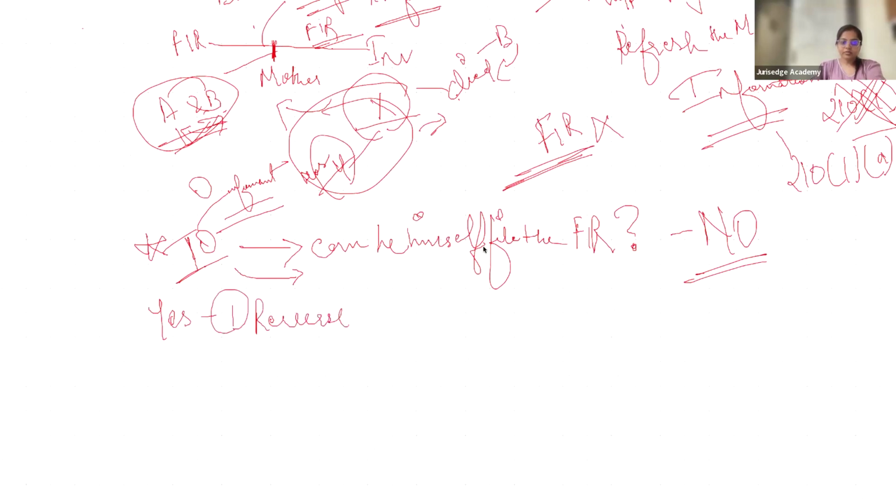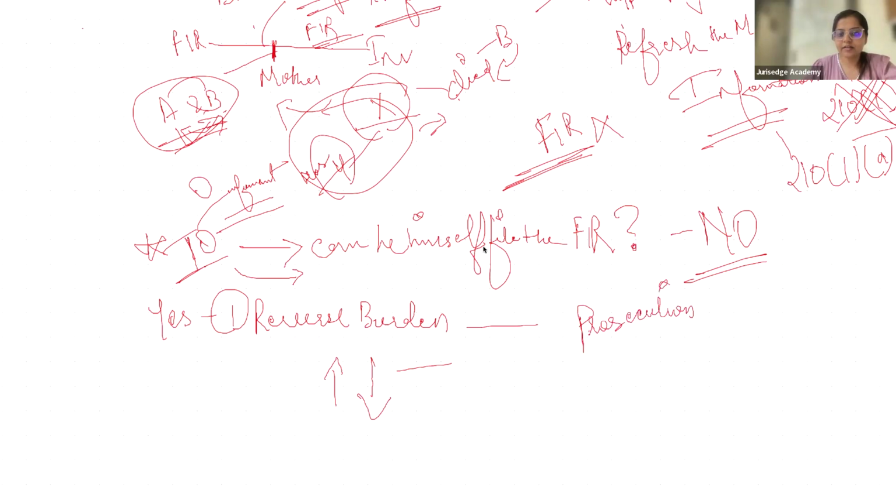What is reverse burden? You drive a car straight, you drive a car in reverse gear, then it is a kind of reverse position. Generally the burden of proof, proving the guilt, is on the prosecution because they are coming with the case.